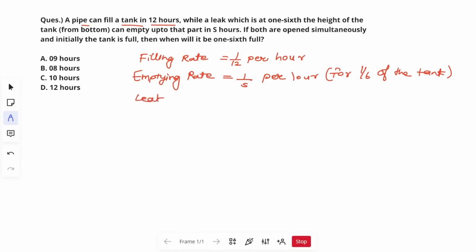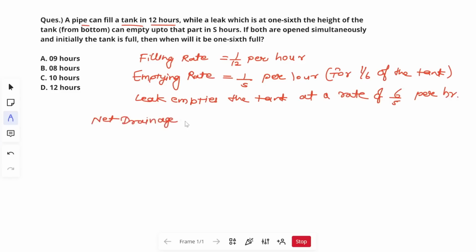Leak empties the tank at a rate of 6/s per hour, right? Now net drainage rate is what? Net drainage rate is filling rate minus emptying rate.